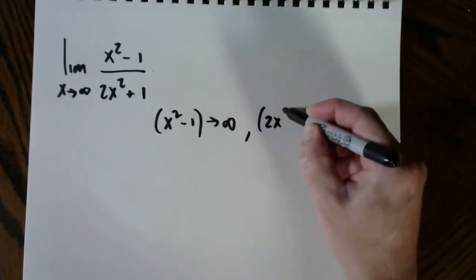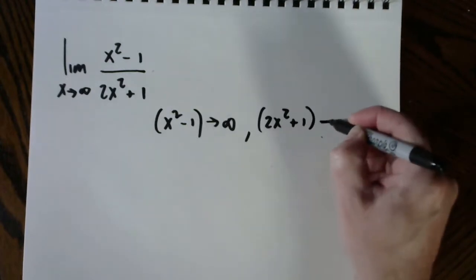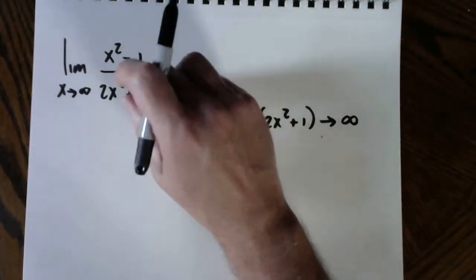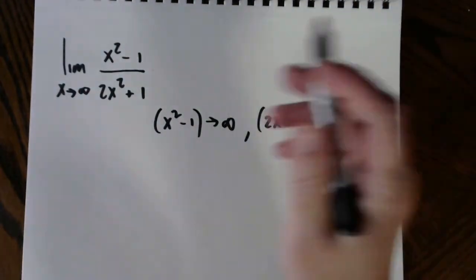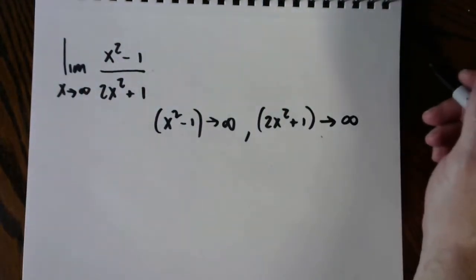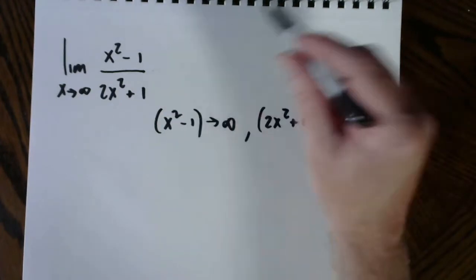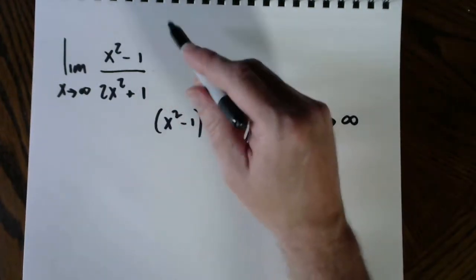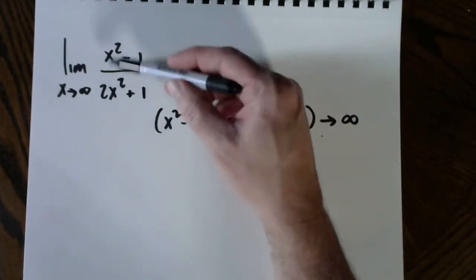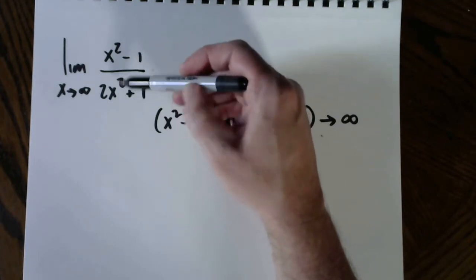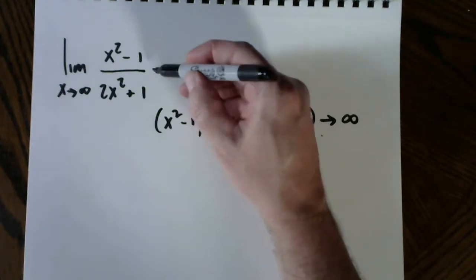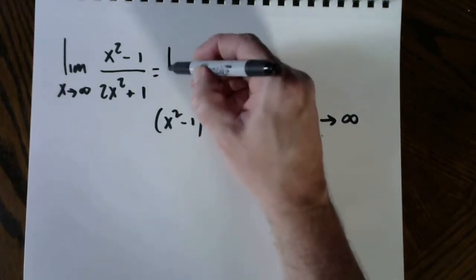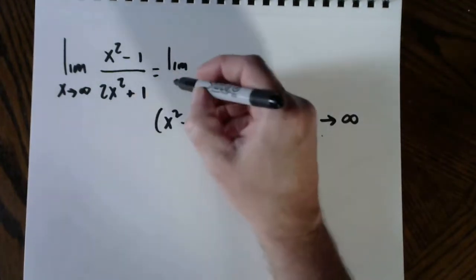As x goes to infinity, the bottom goes to infinity. That has the effect of making the entire thing get smaller. So you have, again, these competing effects. So there's a couple shortcuts you can use. You can compare degrees. These match up. So the limit would be the leading coefficients, 1 over 2. That's the nice shortcut. Use that shortcut.